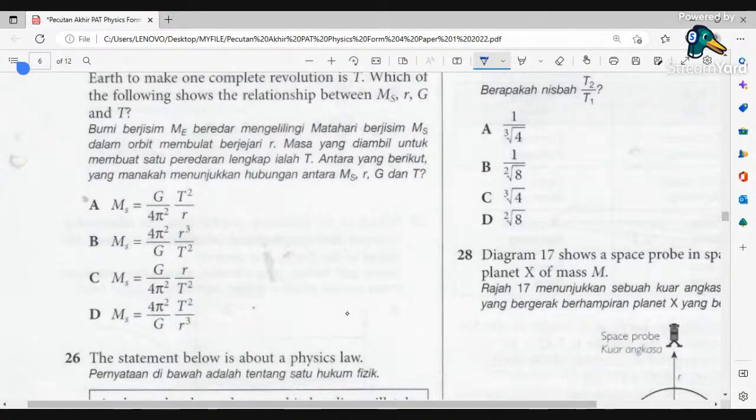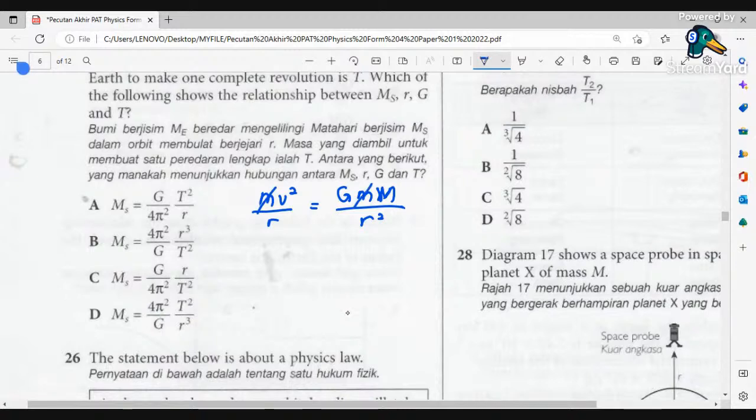We will use the formula mv squared over r equals GMm over r squared. I will cancel the small m.